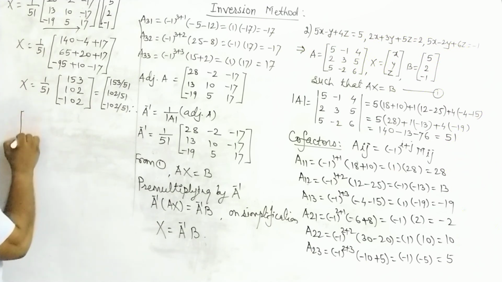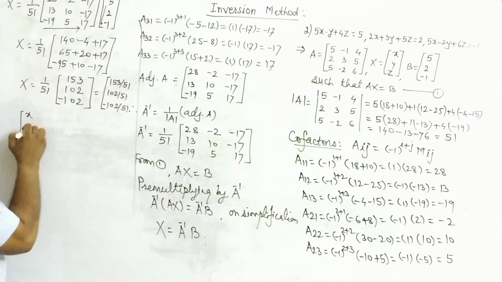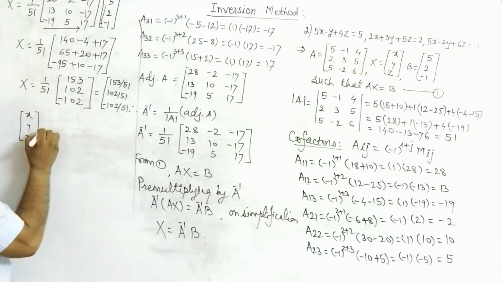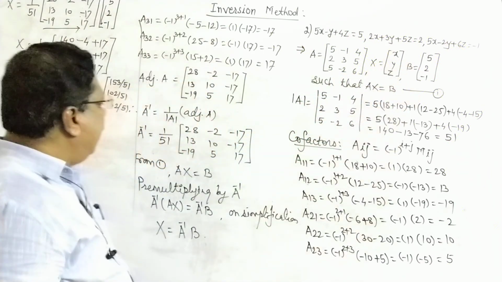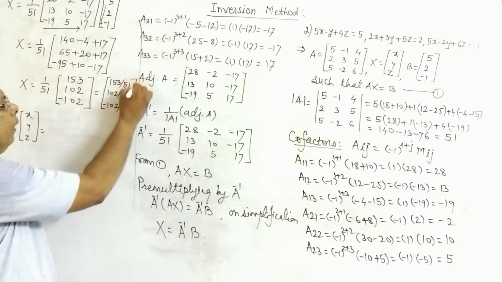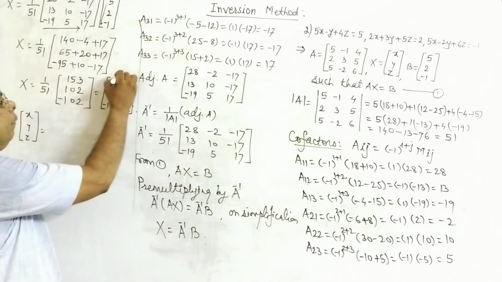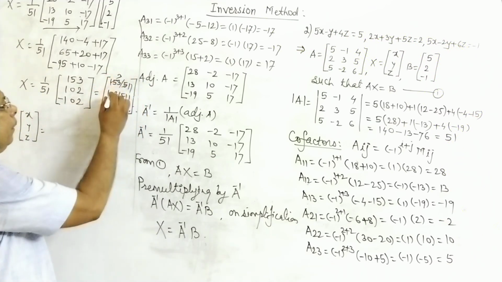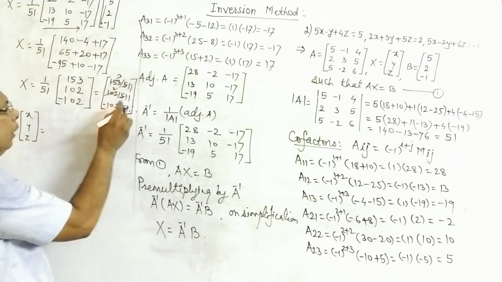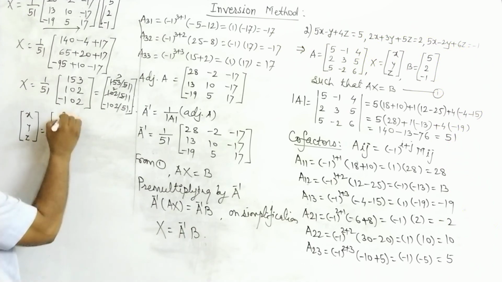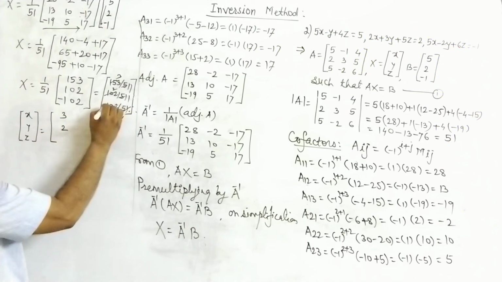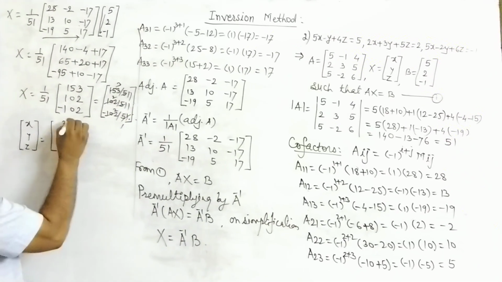This is the variable matrix x, y, z. Now simplify: 51 into 3 is 153, 51 2s are 102. This is also 2, so we will get the values 3, 2, and this is also 2, minus 2.